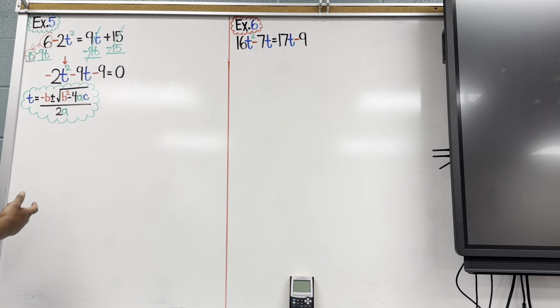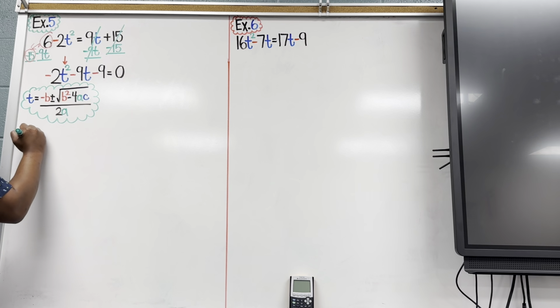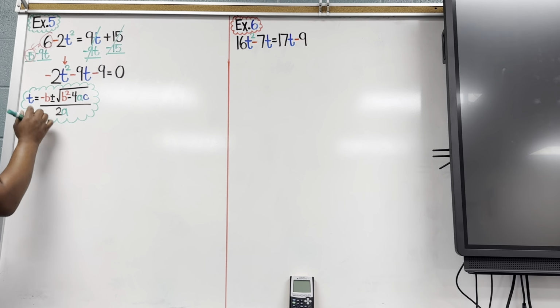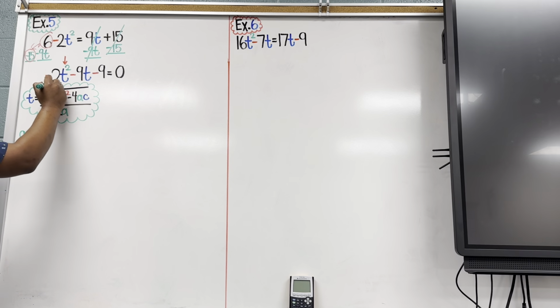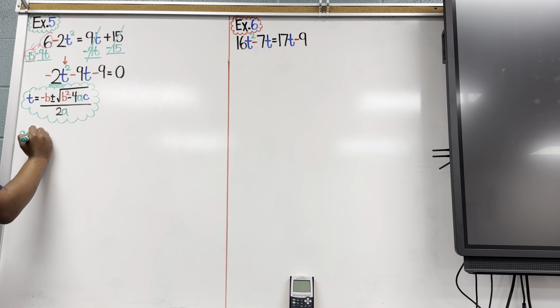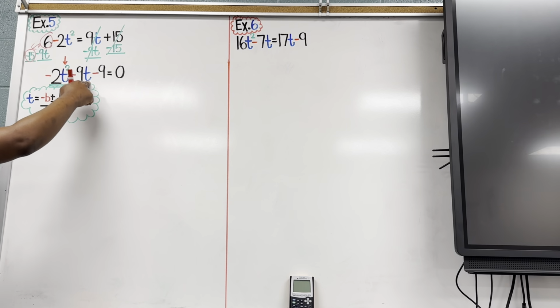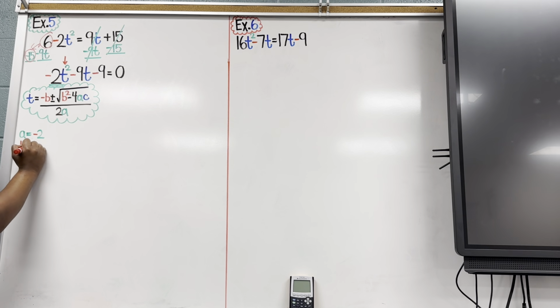So we're going to create a key. a is always the coefficient attached to t squared, which is negative 2. So a is negative 2. b is the coefficient attached to t to the first power, which is negative 9.